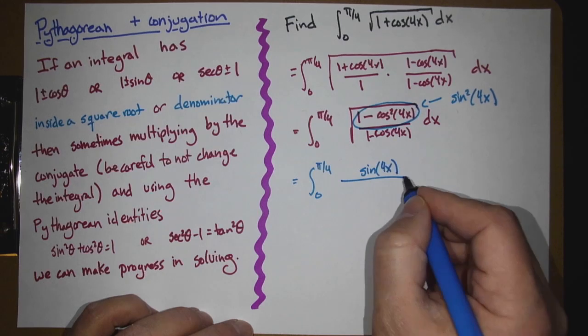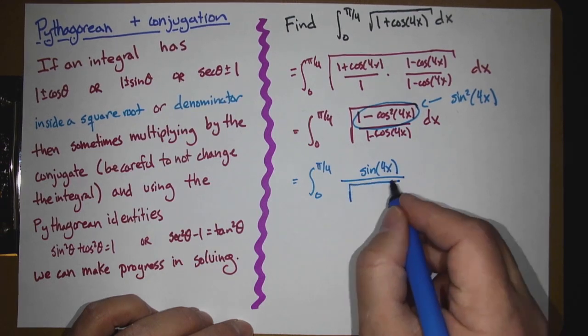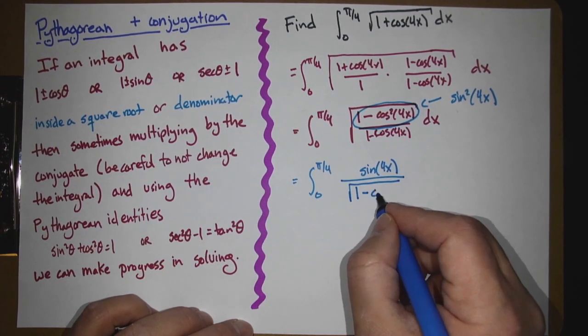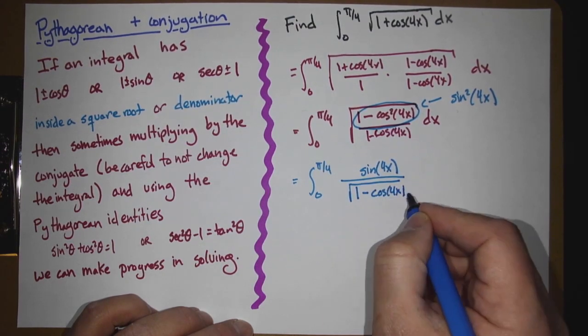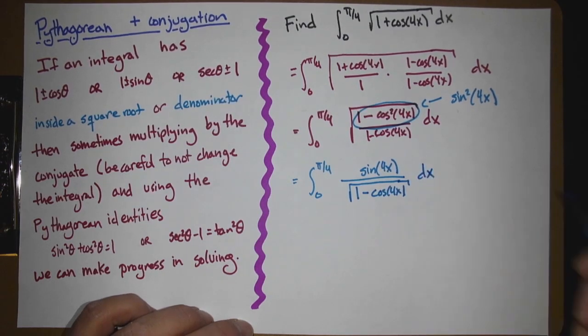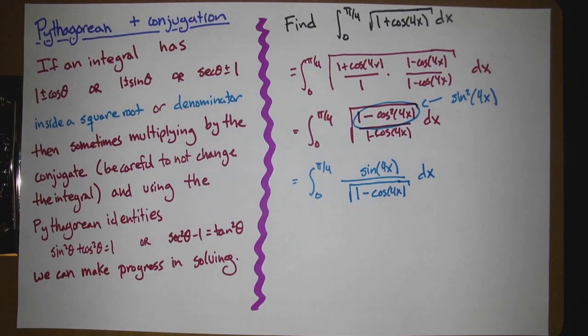Now downstairs, I can't do much, so I'm going to leave that inside the square root: the square root of 1 minus cosine 4x. So using conjugation, we have now successfully rewritten our function in a different way. The question: is it better? Has our situation improved? Yes? How has it improved?